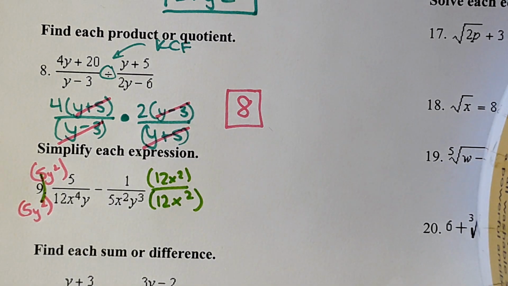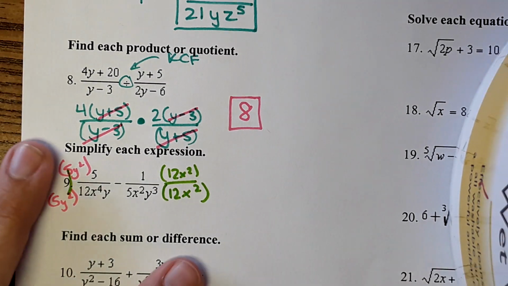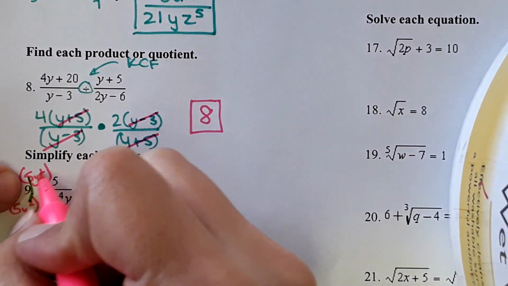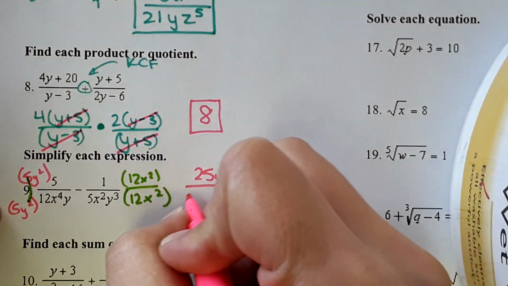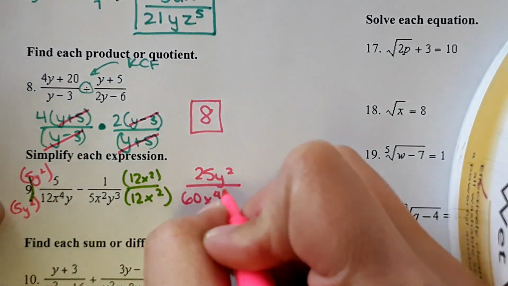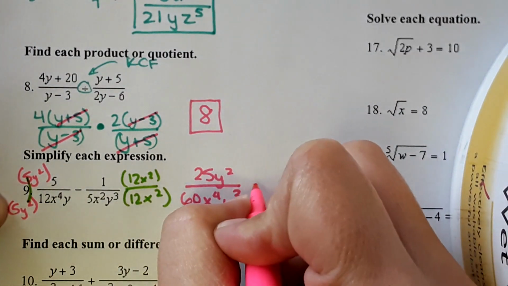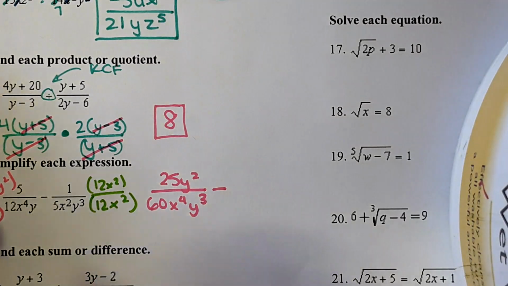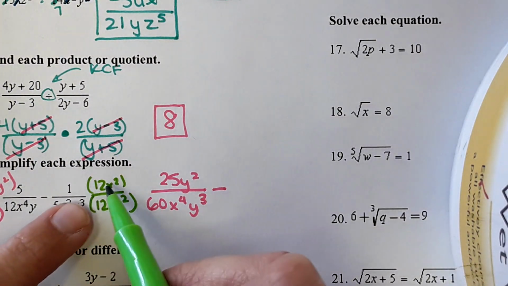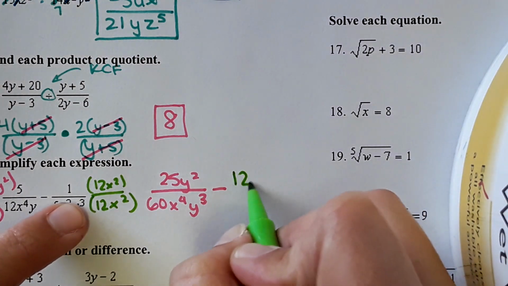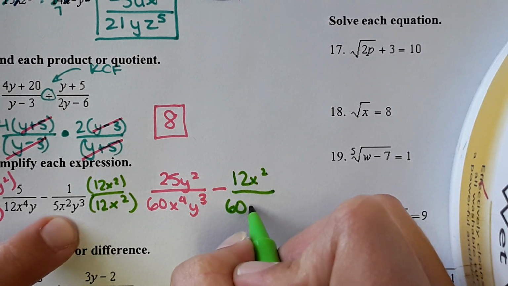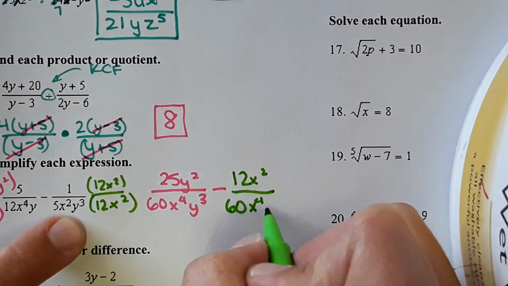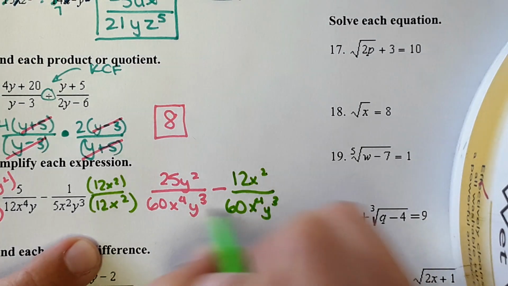And I'm triple checking to make sure I got the right. Okay. And then I'm going to rewrite it with all of this mumbo jumbo. So 5y squared times 5 would be 25y squared over, now we have 60 x to the 4th, y to the 3rd, minus 1 times 12x squared is just 12x squared over 60 x to the 4th, y to the 3rd, and then these should match at this point.